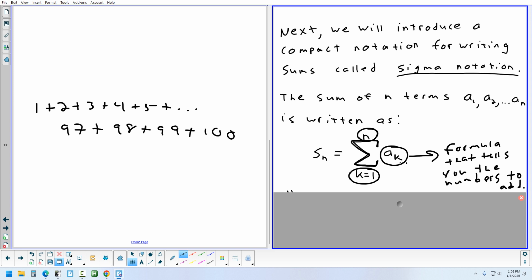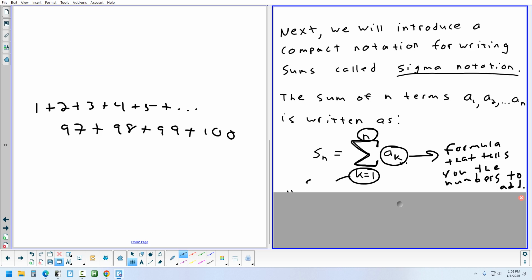What else would you have to know? Well, the formula is going to give you a giant list of numbers. But this is going to give you infinitely many numbers. We're not adding them all up. So what would you have to know? Which ones you're adding up. We have to know which ones we're adding up.